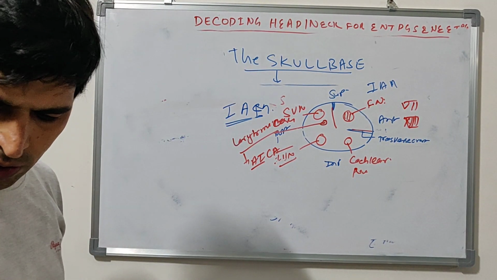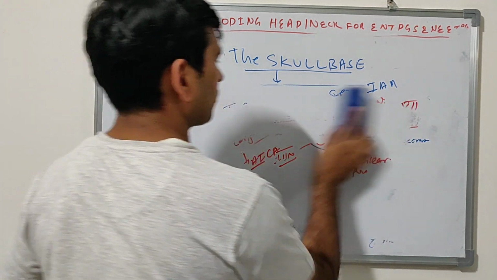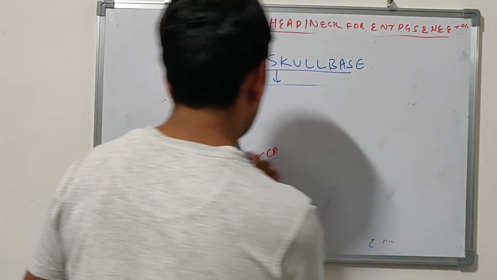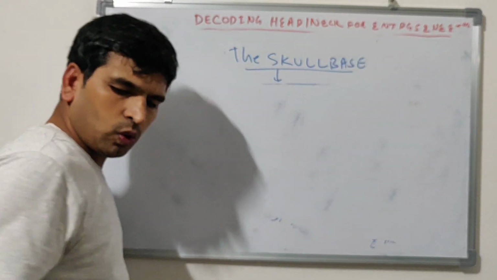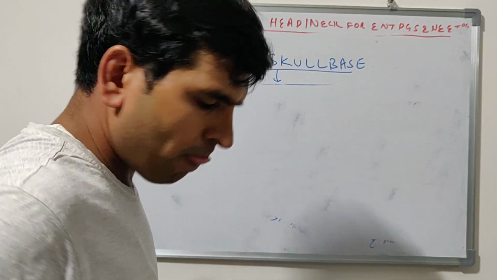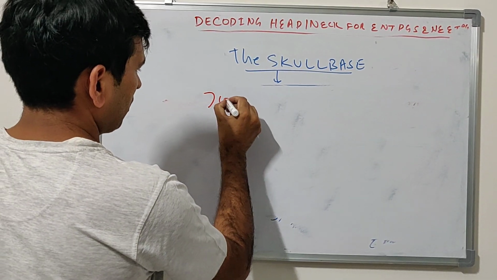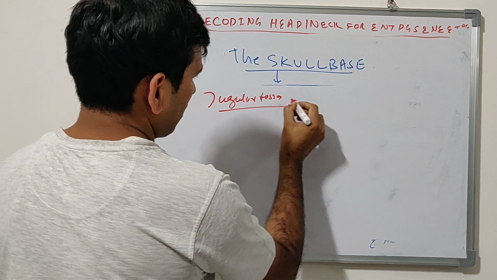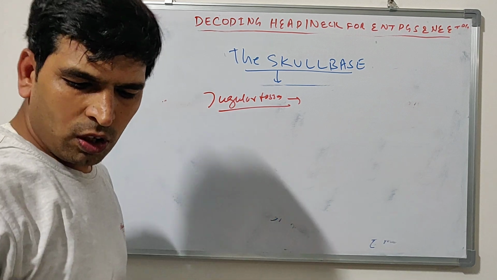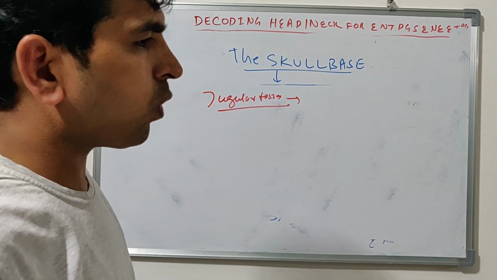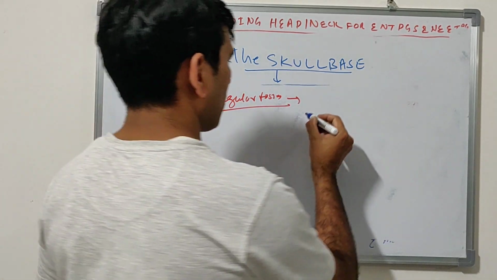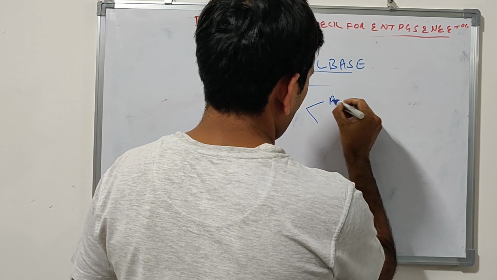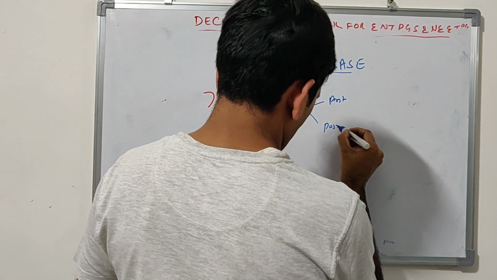Now we will talk about the jugular foramen. According to Gray's anatomy, the jugular foramen is mainly divided into two parts, anterior and posterior.